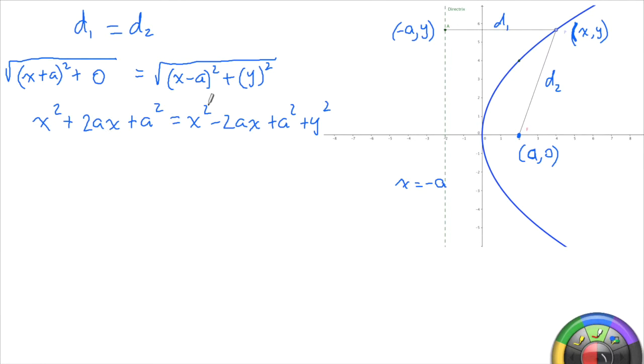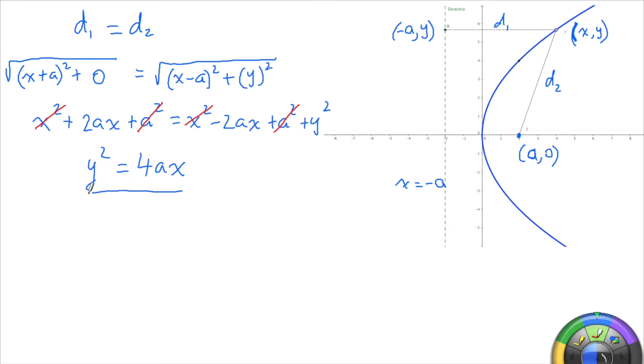So let's see, the x squares are going to cancel, and the a squares are going to cancel, because they're both on opposite sides. So if I shift over a few things, and I'm going to rewrite it in a different order, we're going to get y squared is equal to 4ax. So after a little manipulation, we get this.